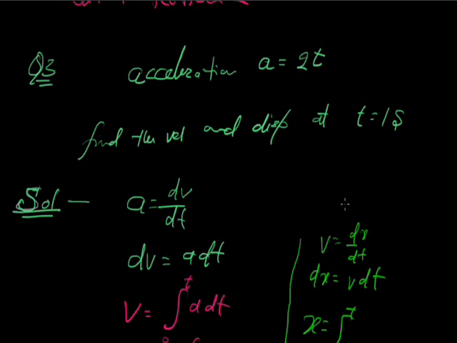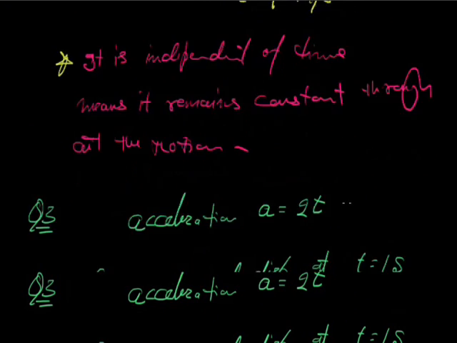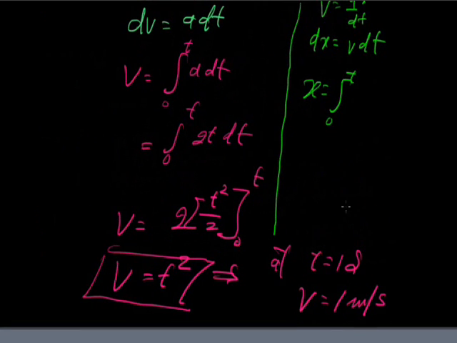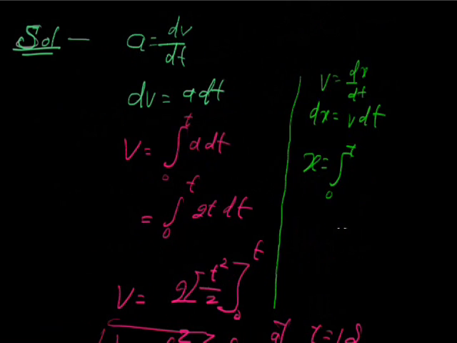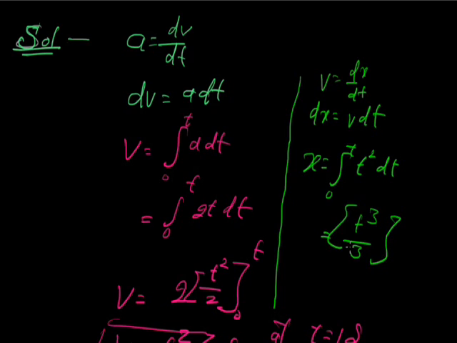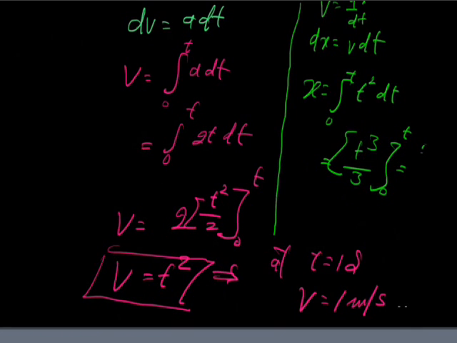Here v is equal to t square, so x is the integral of t square dt. So it is equal to t cube by 3 from 0 to t, and x at t is equal to 1 second will be 1 cube by 3, that is 1 by 3 meter.